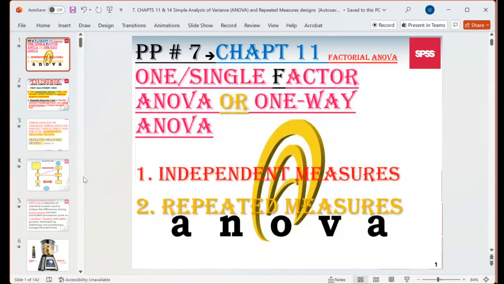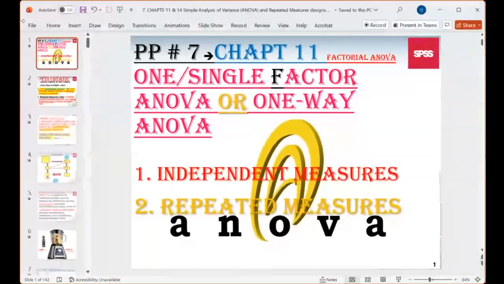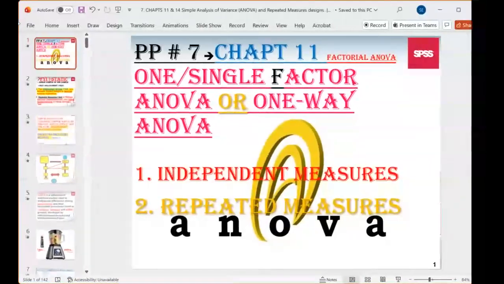This is our last session, which we're going to cover ANOVA, and that is independent measure ANOVA. There's two different types of ANOVA, independent and repeated measure. So let's see, we're recording this.